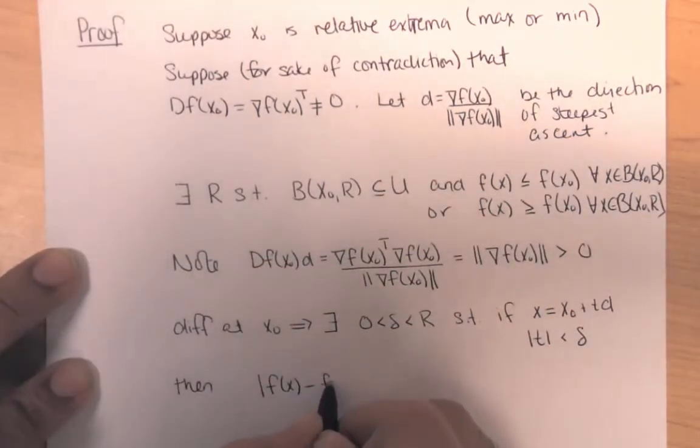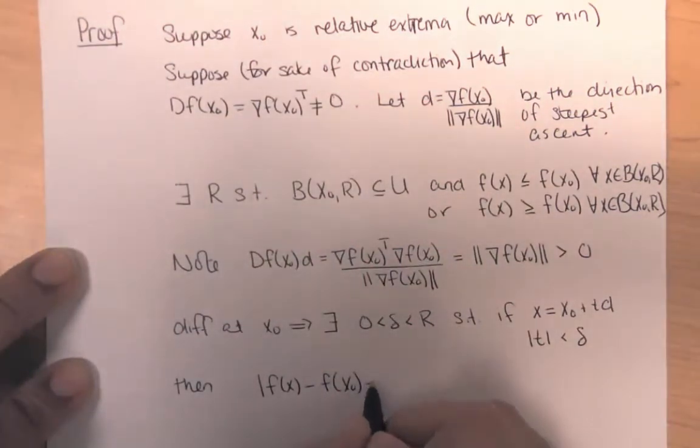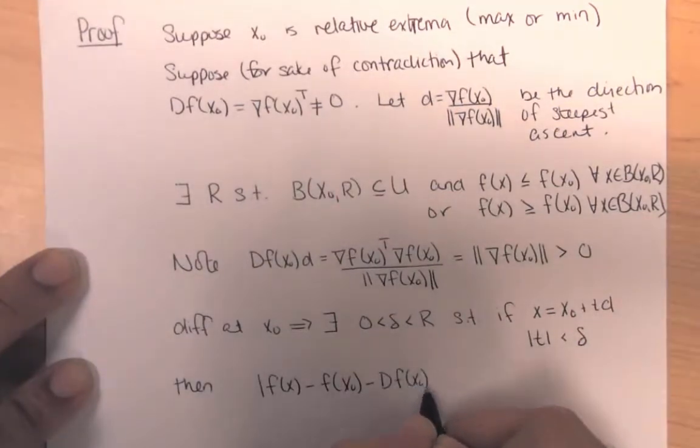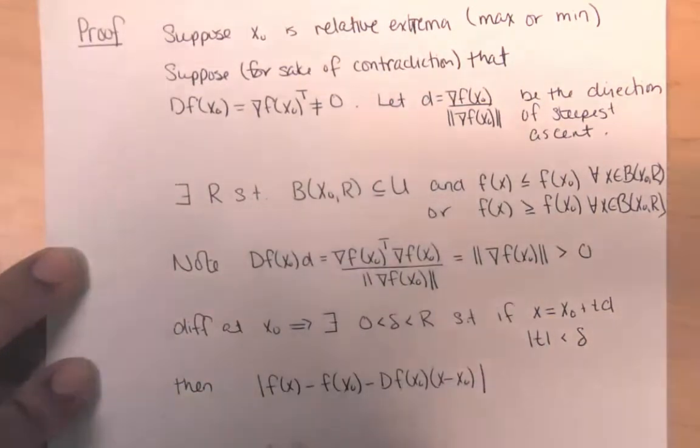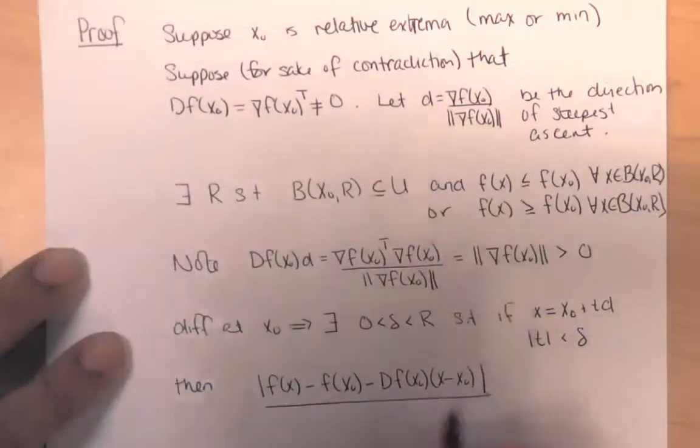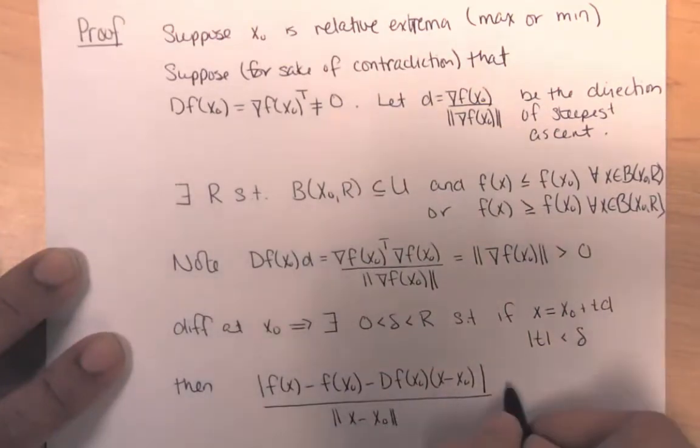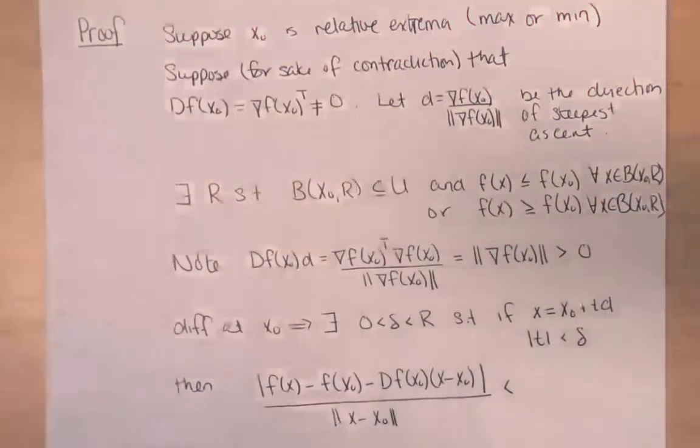f of x minus f of x naught minus the derivative at x naught times x minus x naught, in absolute value, divided by the norm of x minus x naught, is less than, well, it's less than whatever I want, right?